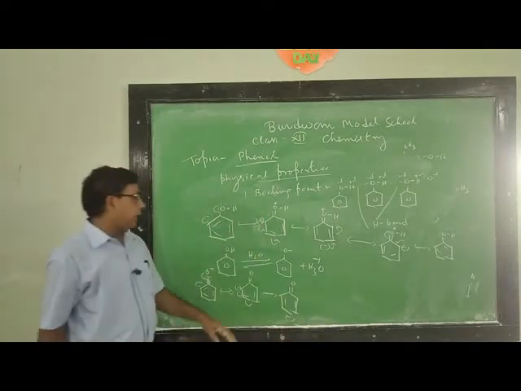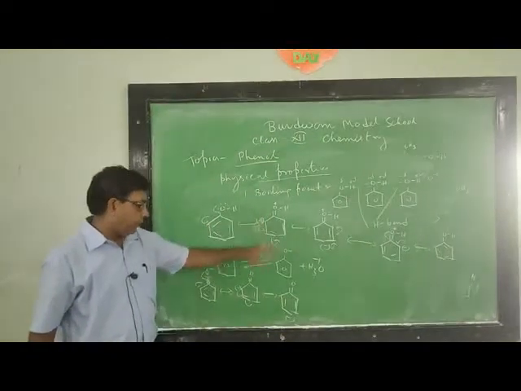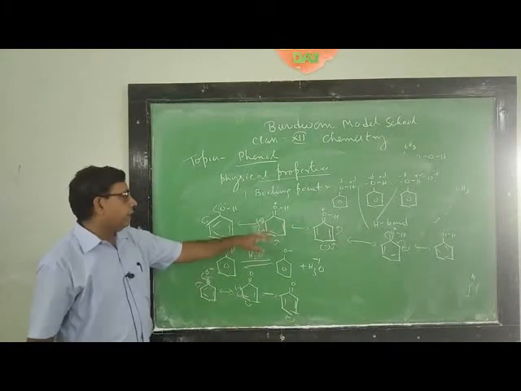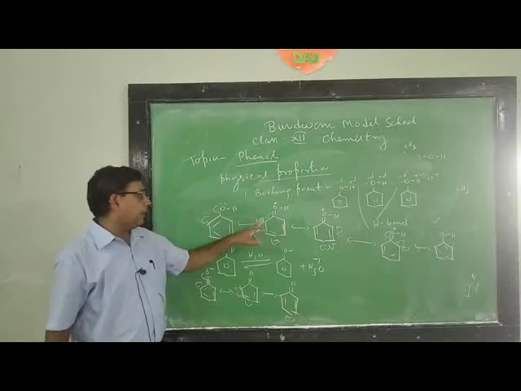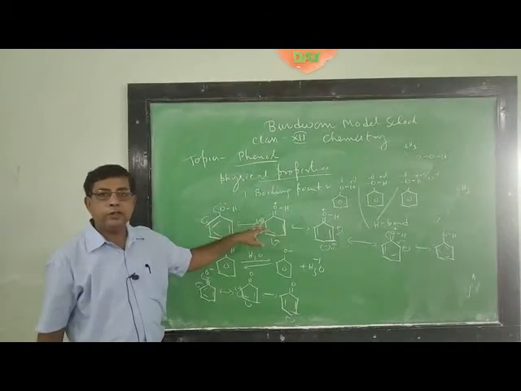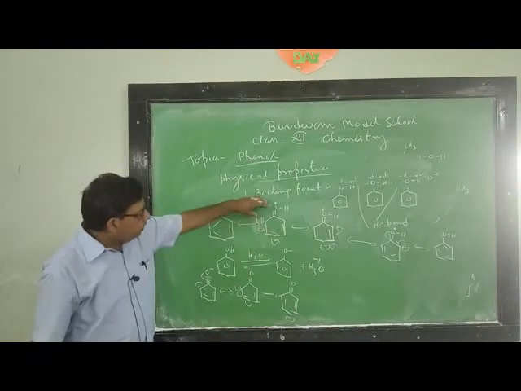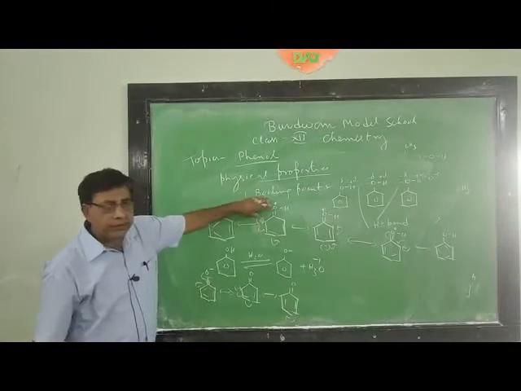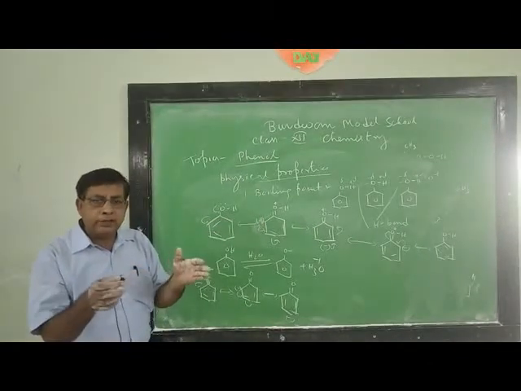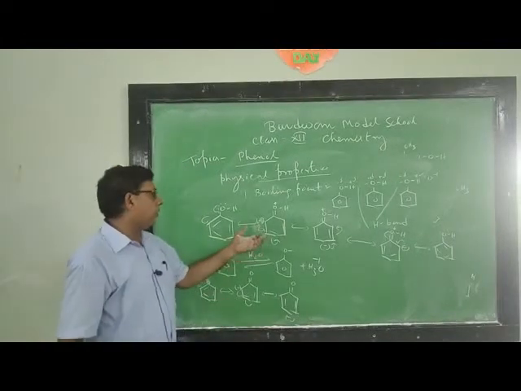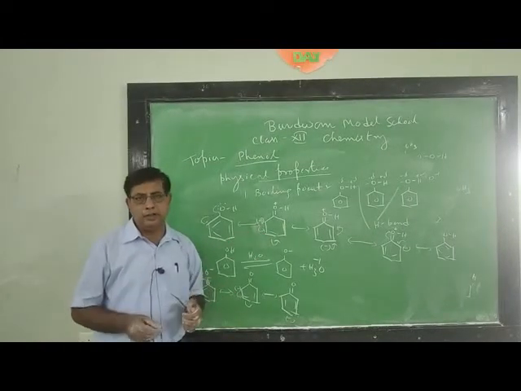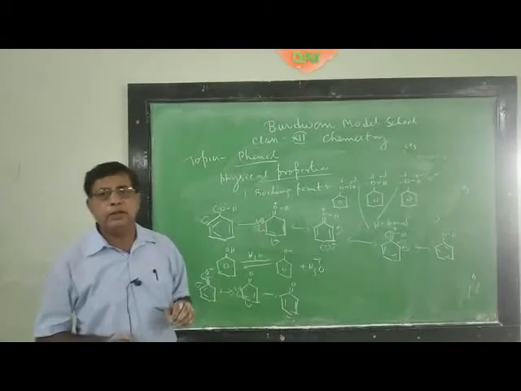Now you compare the resonance structure of phenol and phenoxide ion. In phenol, opposite charges develop, positive charge on oxygen and negative charge on the ortho and para positions of the benzene ring. So to make the charge separation, some amount of energy is needed. So phenol is at a higher energy level. Higher energy level means less stable.